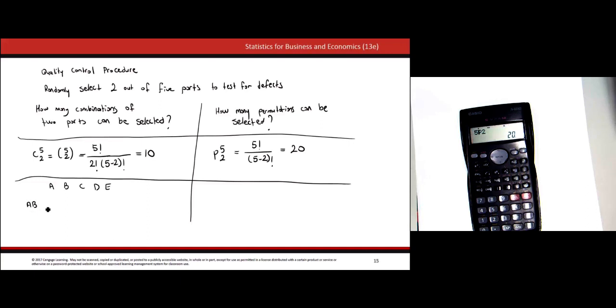We can select AB, AC, AD, AE, BC, BD, BE, CD, CE, DE. 10 different ways to select 2 parts out of 5. Order doesn't matter.